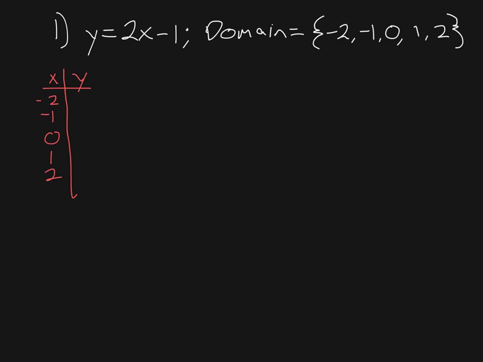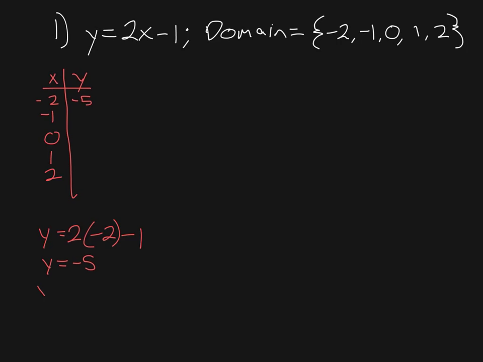So our first one, we have y equals 2 times -2 minus 1. We just take our first input, put it in for x, and leave everything else the same. Now, 2 times -2 is -4. -4 minus 1 gives us -5. So our first output is -5.